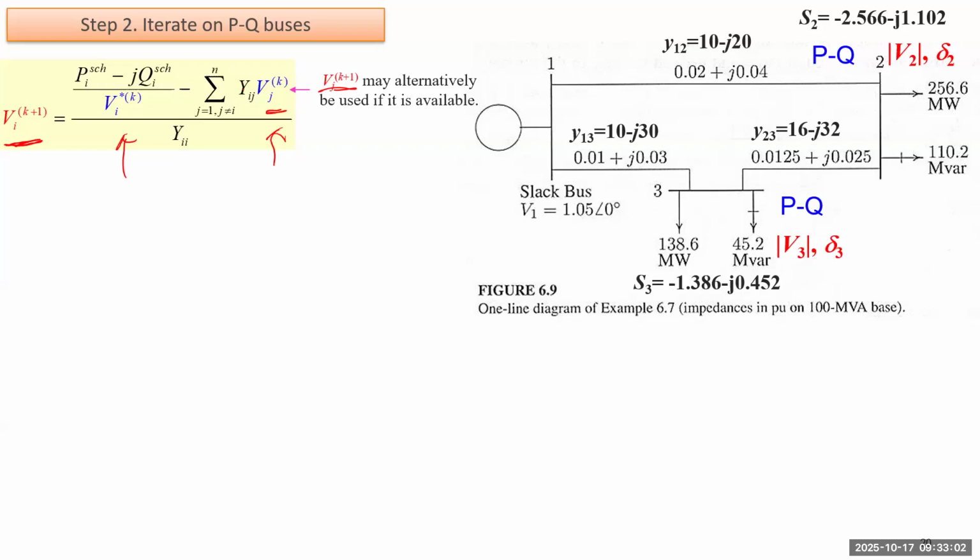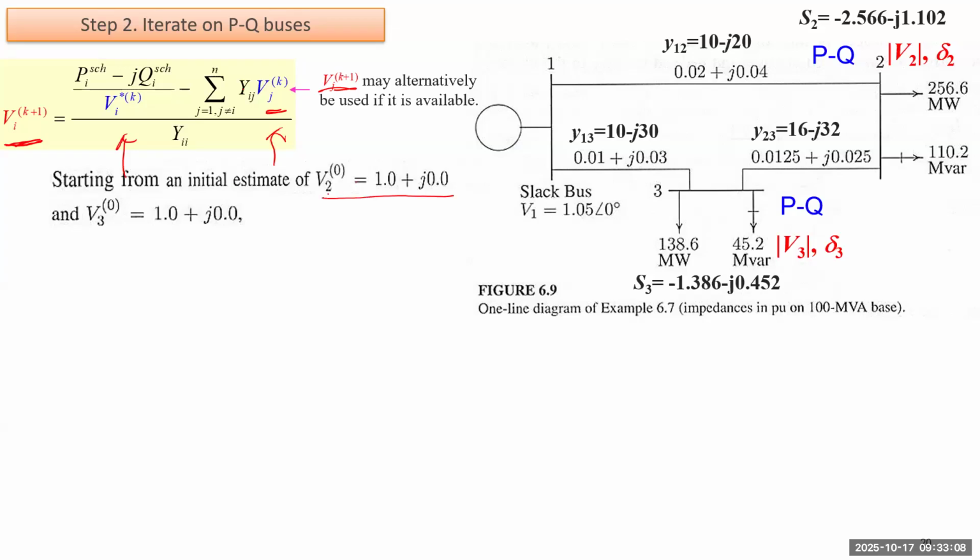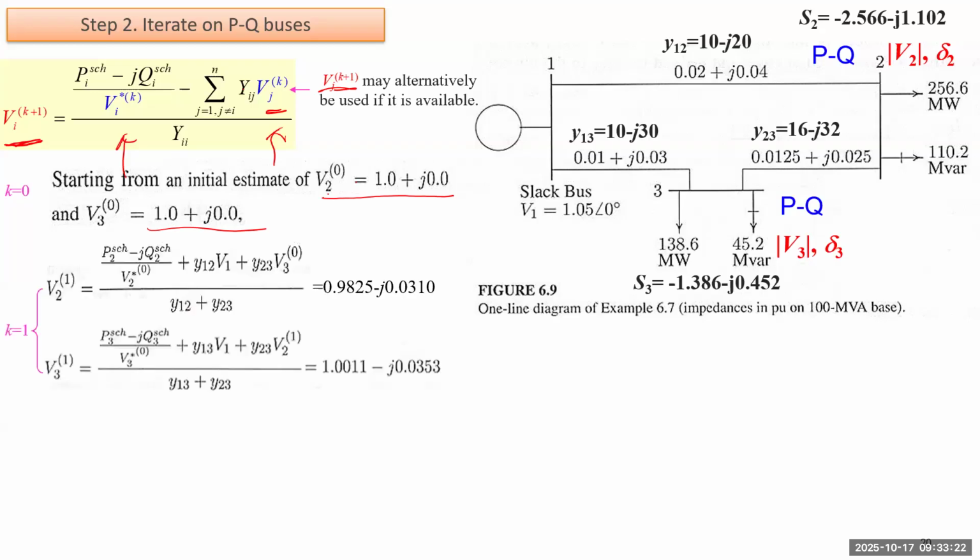Let me explain what happened in this example. So we start from an initial estimate, right? For bus 2, we just simply assume 1. And bus 3 is just 1. That's iteration 0. Then we go to iteration 1. So we use the same formula twice, right? First for bus 2, then for bus 3.